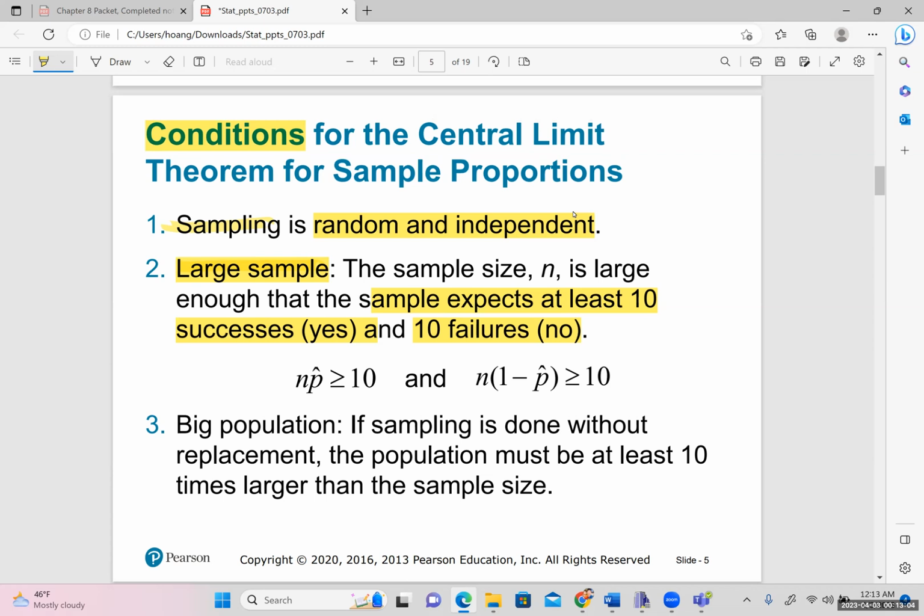The third condition is a big population. If sampling is done without replacement, the population must be at least 10 times larger than the sample size. So as I stated before.